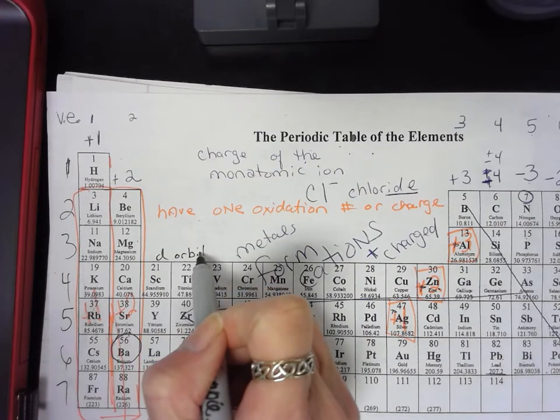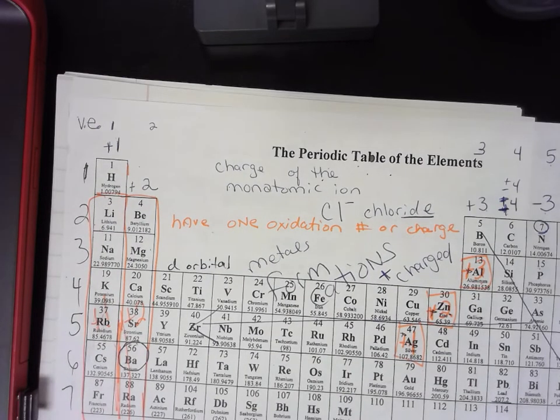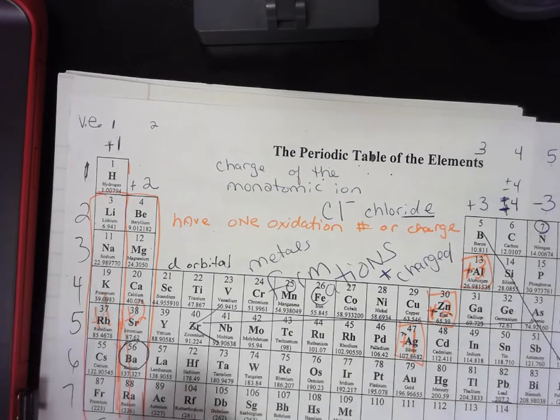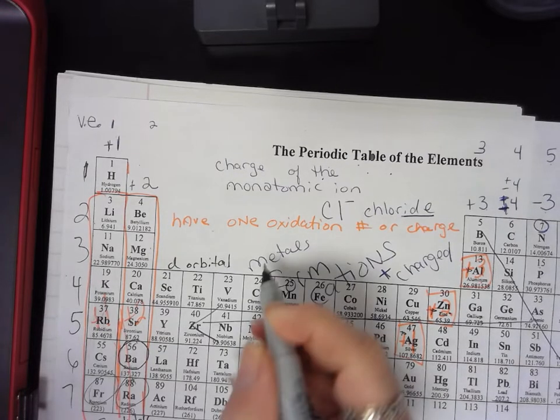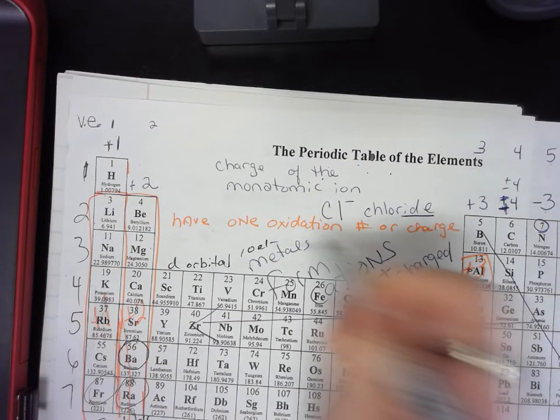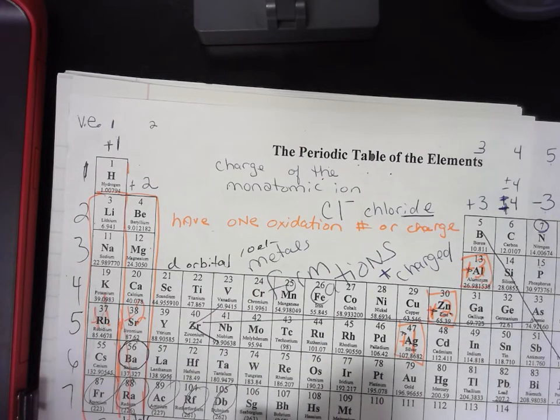These are your s orbitals. An s orbital can hold 2 electrons. Okay, so you know, like 1 electron, 2 electrons. A d orbital can hold 10 electrons total. 1 electron, 2, 3, 4, 5, 6, 7, 8, 9, 10 electrons.